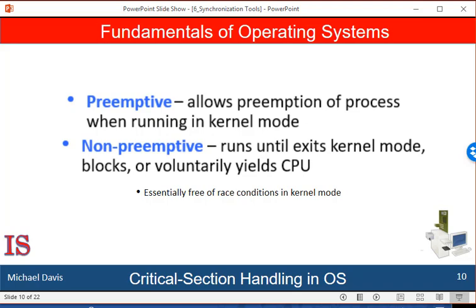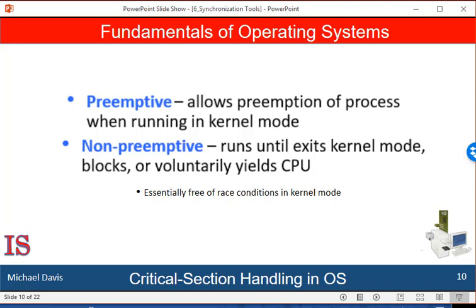As we've already learned, a preemptive kernel allows a process to be preempted while it is running in kernel mode. A non-preemptive kernel does not allow a process running in kernel mode to be preempted. So in this case, a kernel mode process will run till it exits kernel mode, blocks, or voluntarily yields control to the CPU.